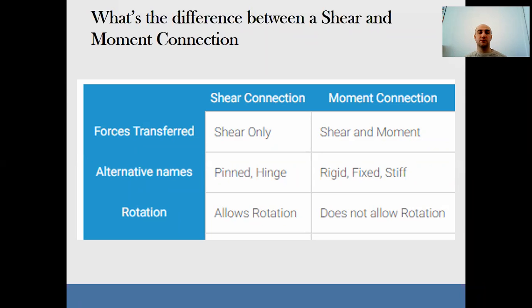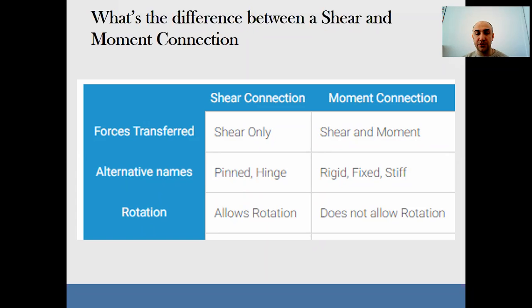In my opinion, this table below gives us a good comparison of shear versus moment connections. The most important point is that shear connections transfer only shear, while moment connections transfer shear and moment.